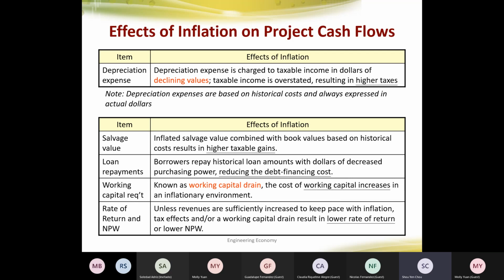Which means that we are in some sense paying higher taxes. You can imagine that, right? Also salvage value, loan repayment, working capital requirement, and so on. Not to mention rate of return or net present value.